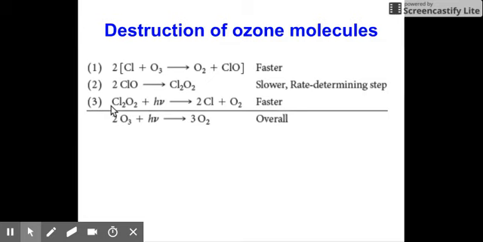On the other hand, your chlorine is the trigger of your chemical reaction, but it is still retrieved. Therefore, it's considered to be the catalyst of the reaction. That's how you'll identify what your intermediates and what your catalysts are in the reaction.